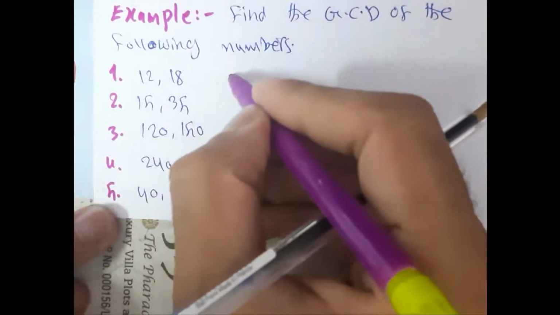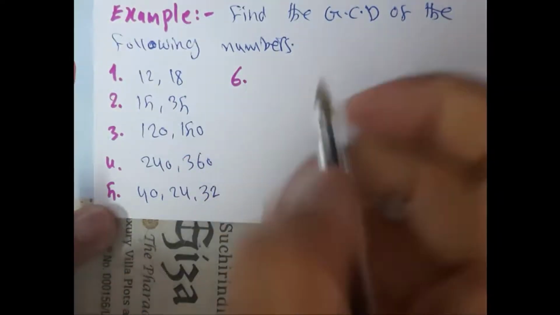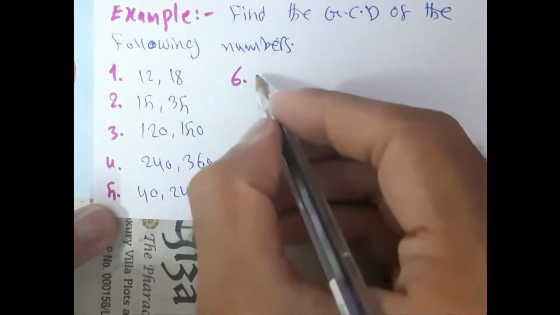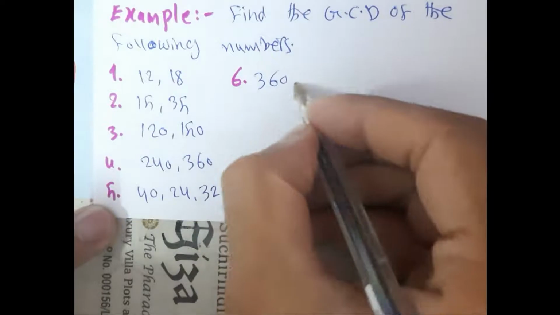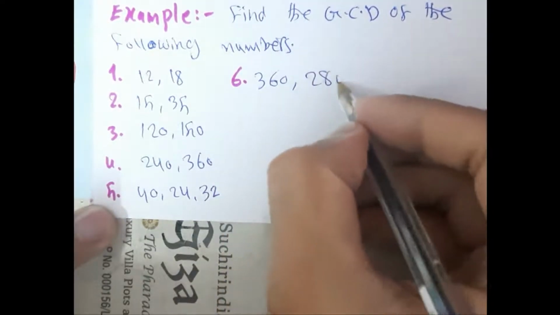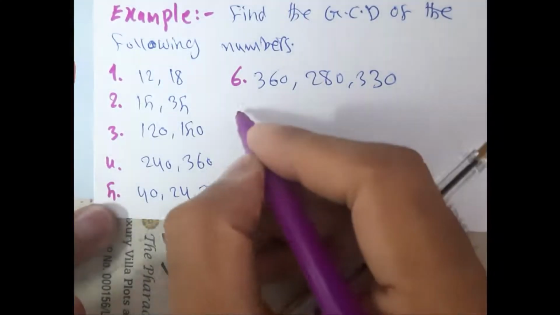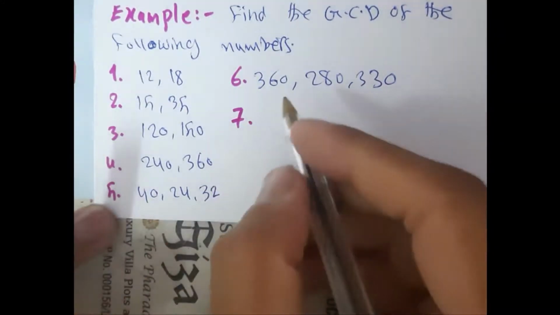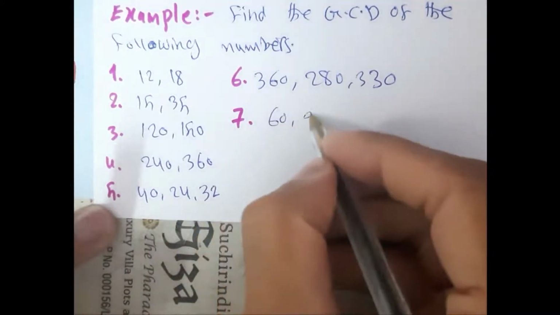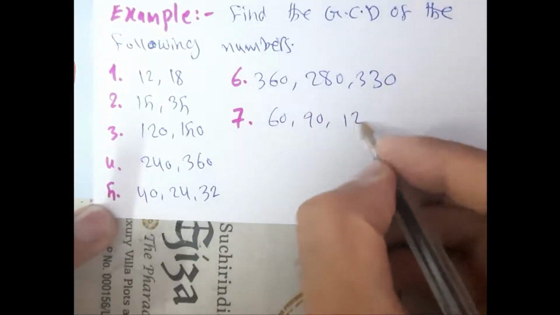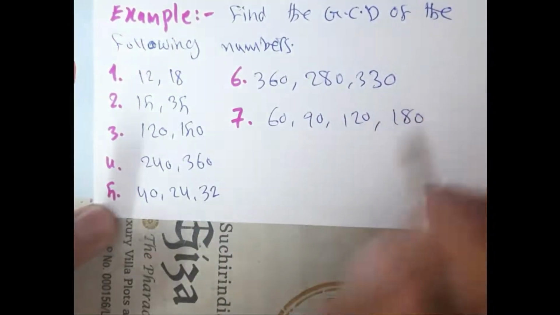Number 6: 360, 280, 330. Number 7: 60, 90, 120, 180.